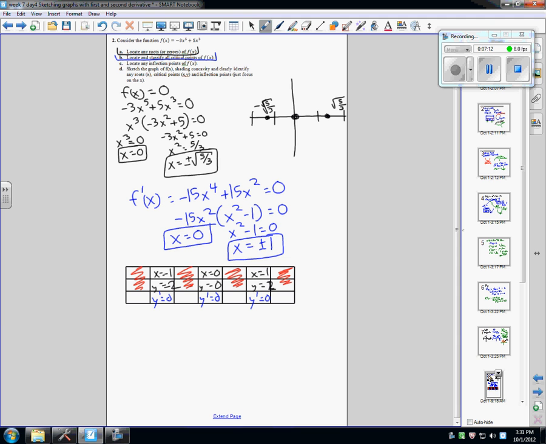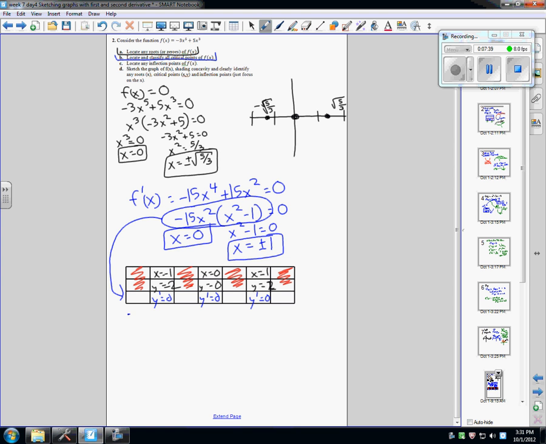This factor is always going to be negative because I have x squared, and anything squared is positive, times a negative 15.